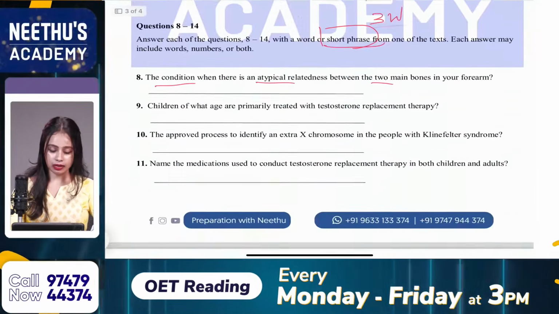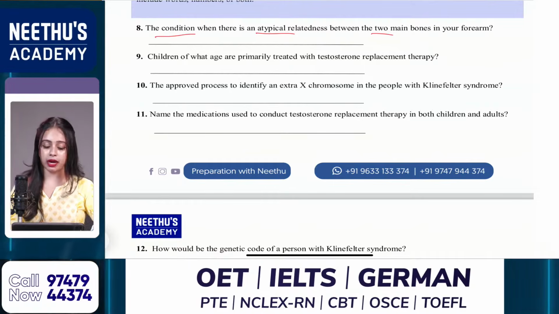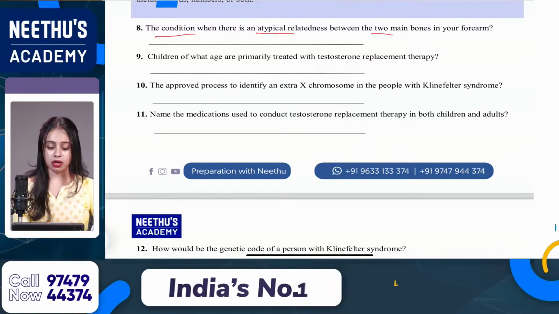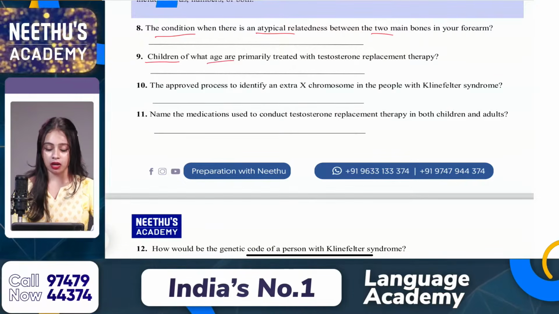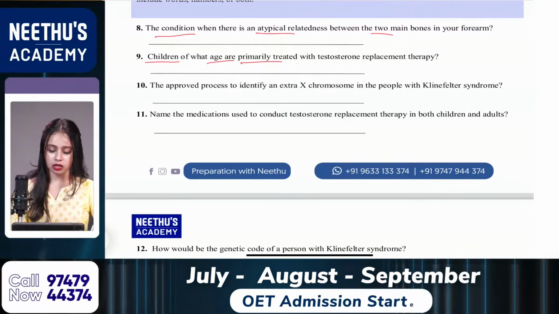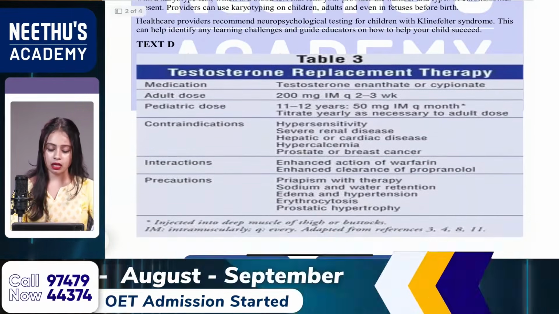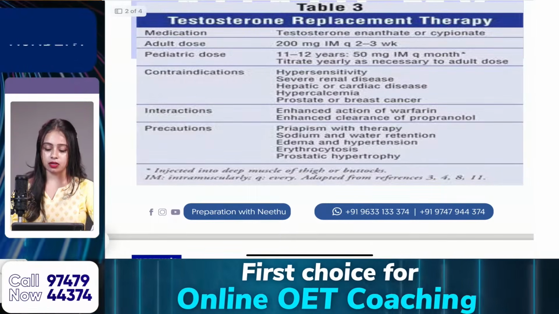Now the 9th one: children of what age are primarily treated with testosterone replacement therapy? My keywords: children, age, as well as primarily. Testosterone replacement therapy, as you know, is from text D, and pediatric dose.